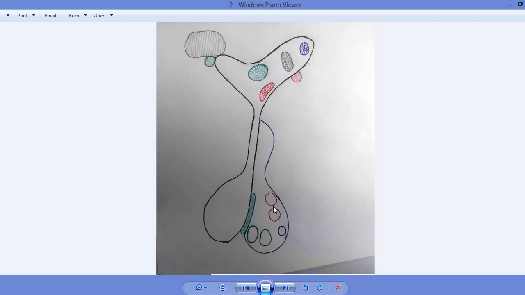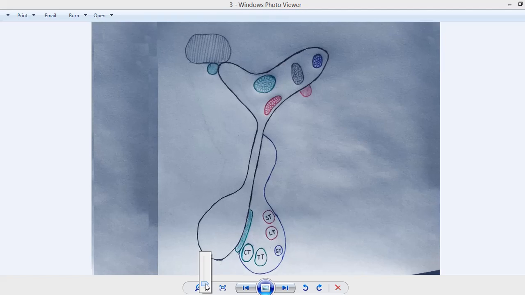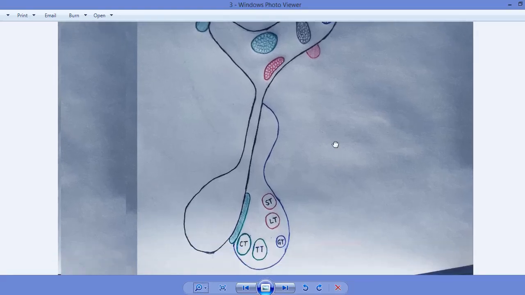These are very important cells, and their names are already labeled over here. This group of cells is called somatotropes.